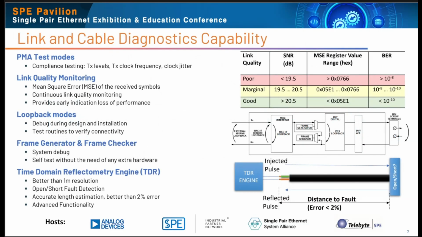So this is a list of all of the diagnostic features that exist on the PHY, MACPHY, and switch that we in ADI provide to the market today. So you've got a lot of the common ones like PMA test modes to determine link status, etc. You've got link quality monitoring, so MSE, which is essentially SNR, so signal to noise quality.